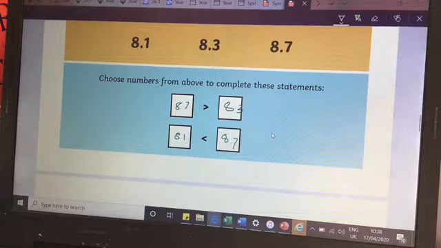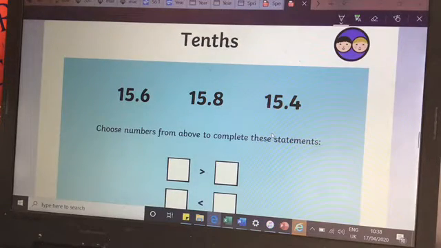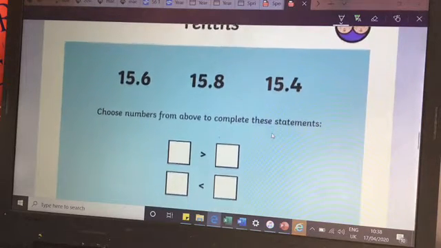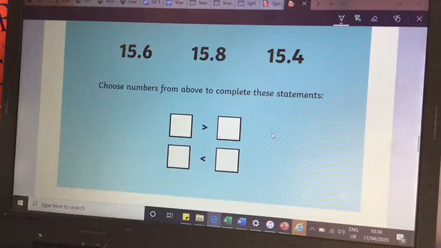Let's look at the next slide together. Can you choose from these numbers above to complete these statements? So this time have a go by yourself.